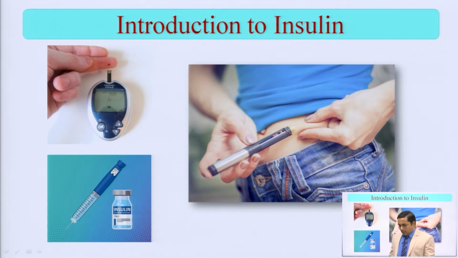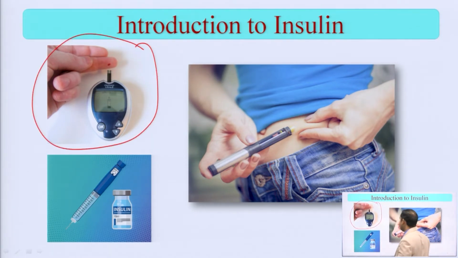I hope all of you might have seen these pictures or these things in your home or among your relatives or people nearby you. This one is basically a machine, a biosensor.